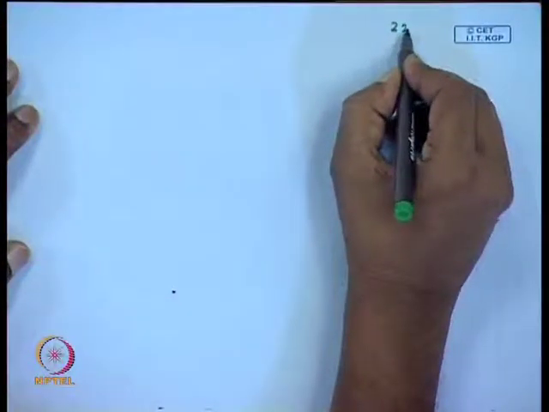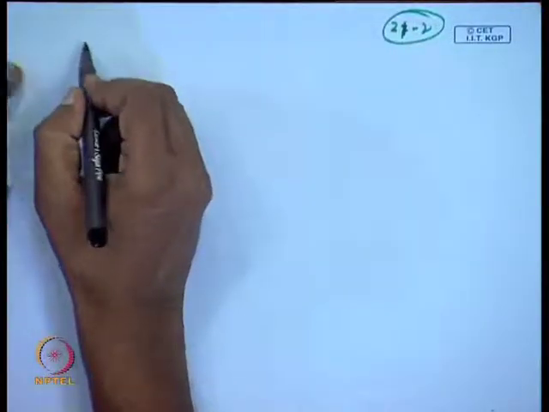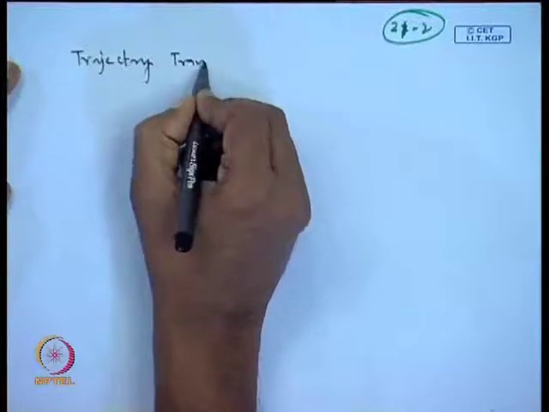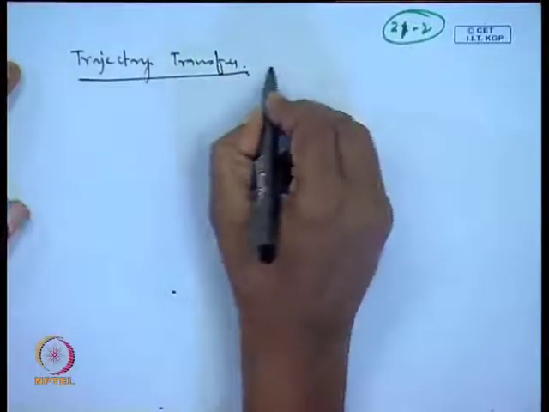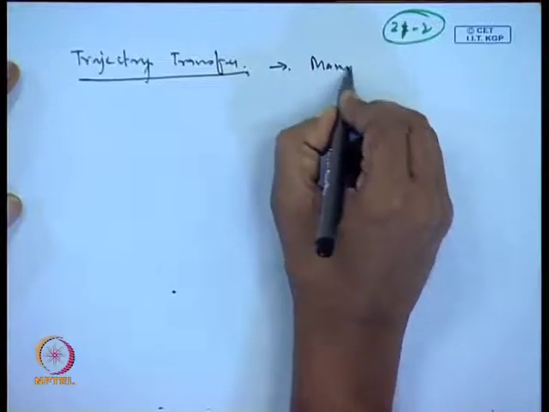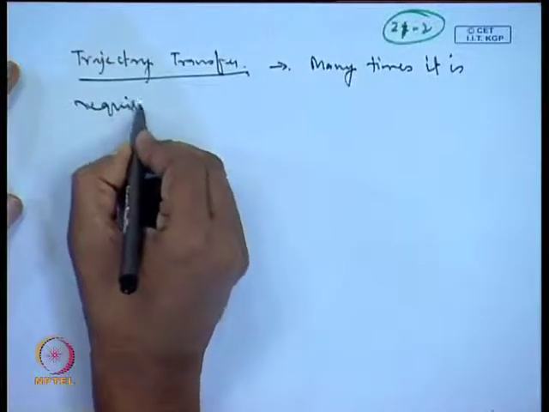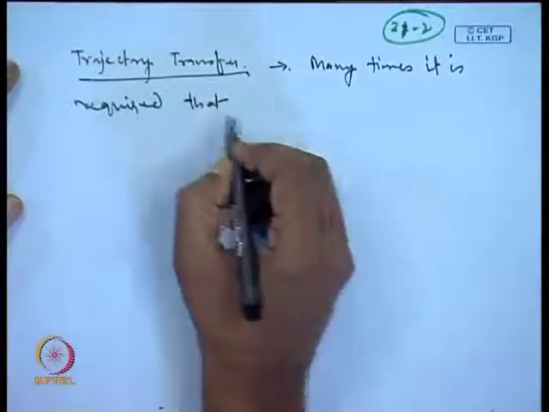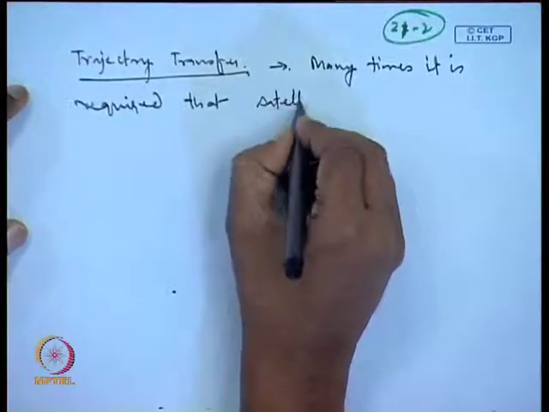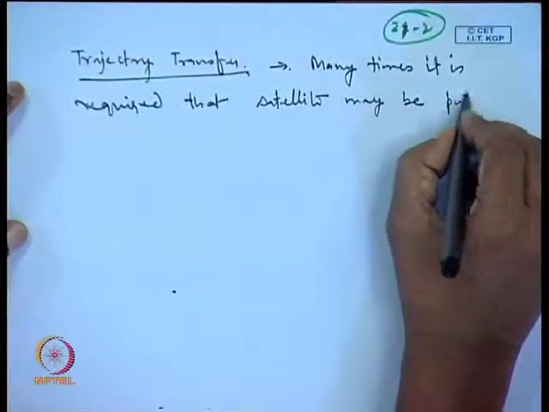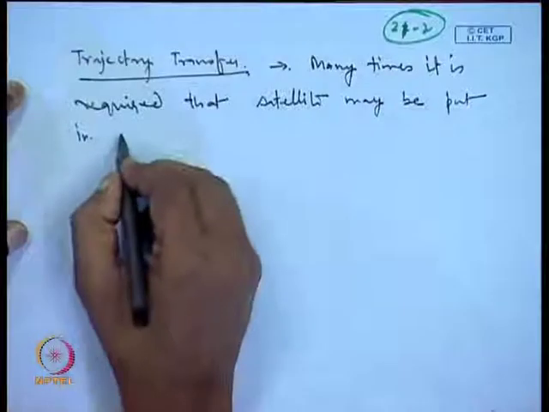So, in trajectory transfer, so many times it is required that the satellite may be put in a temporary orbit.